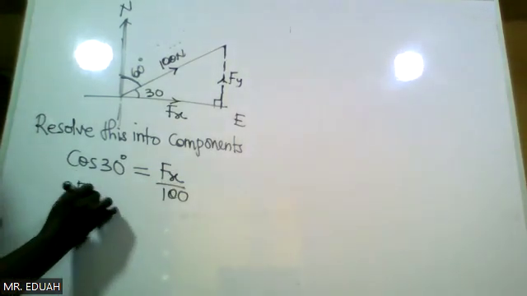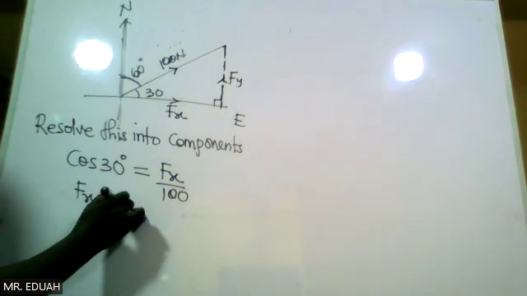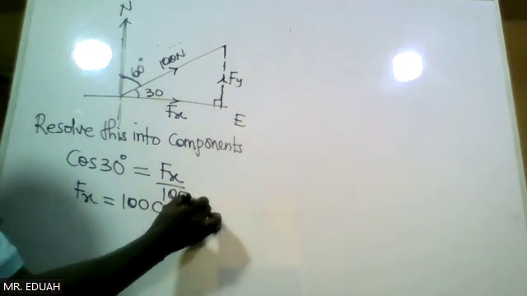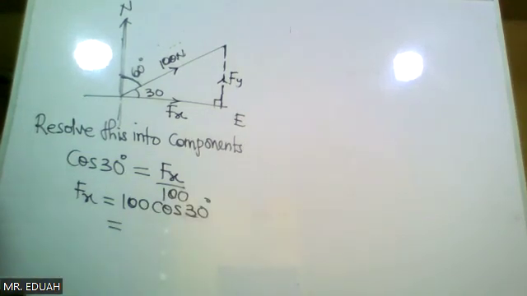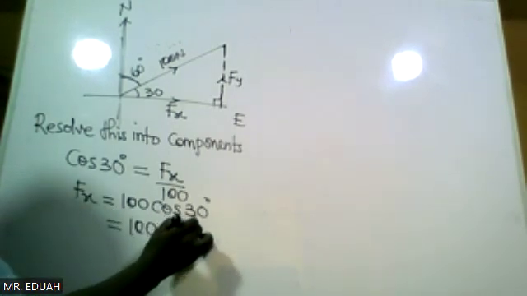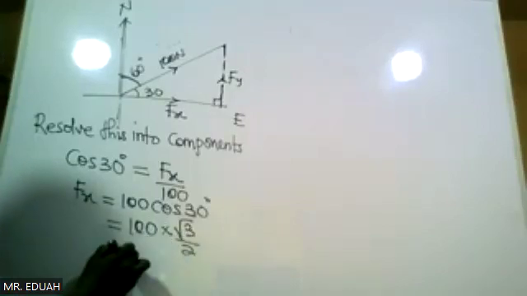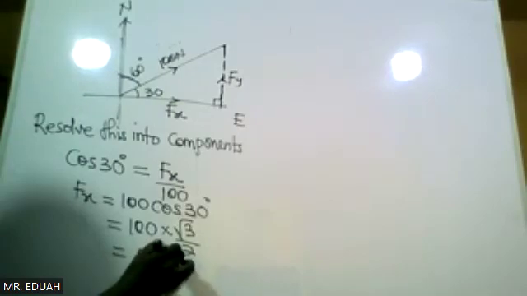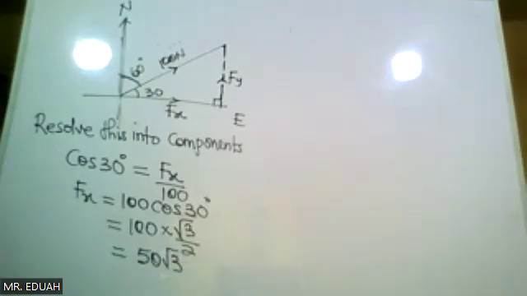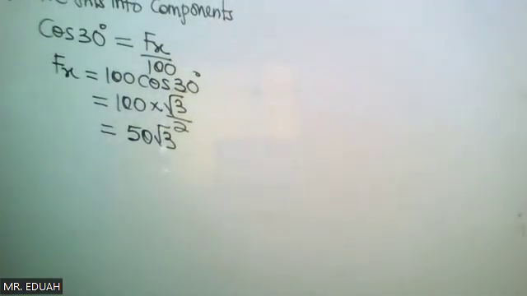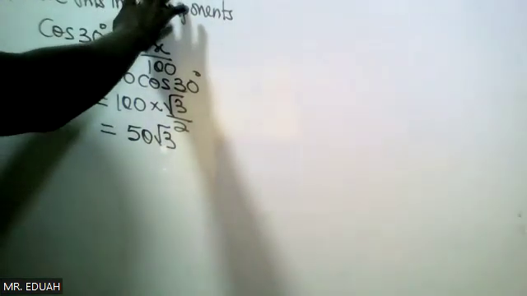Fx is equal to 100 times cos 30. And because cos 30 is root 3 on 2, I have 100 times root 3 on 2, which is equal to 50 root 3. I just want to leave my answer in surds. So I found the horizontal component.